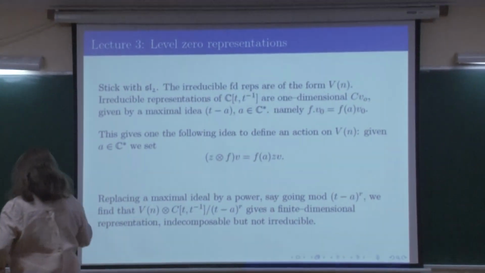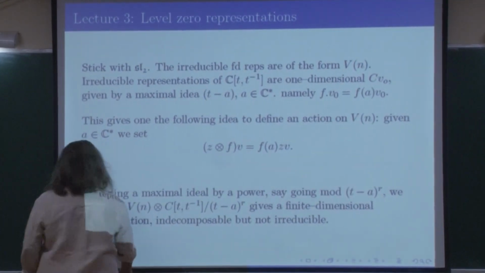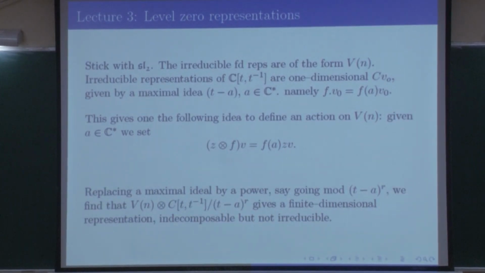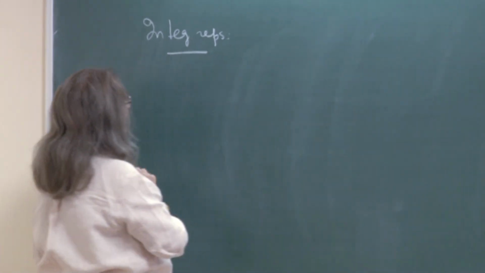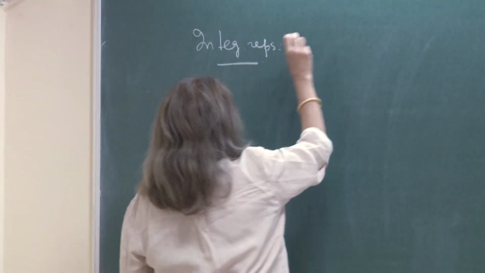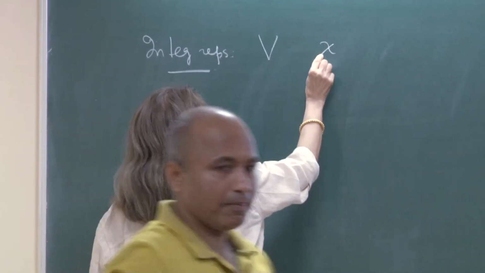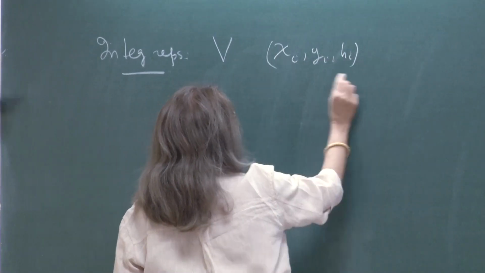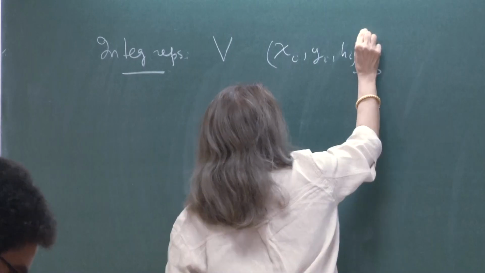Okay, so let me remind you where we stopped. We were talking about integrable representations, where we had our Chevalley generators x_i, y_i, h_i, and let me be careful by putting these indices there.